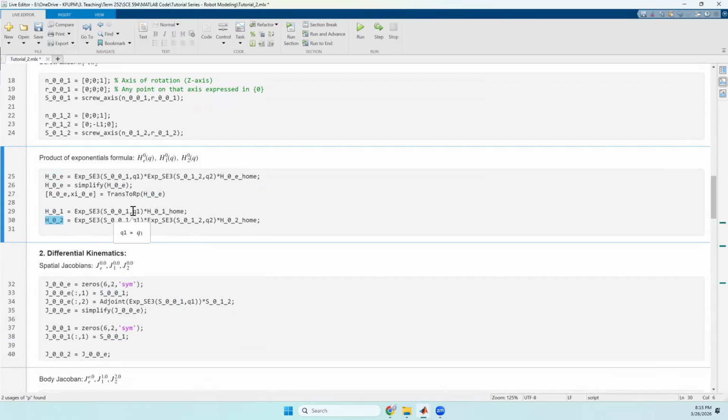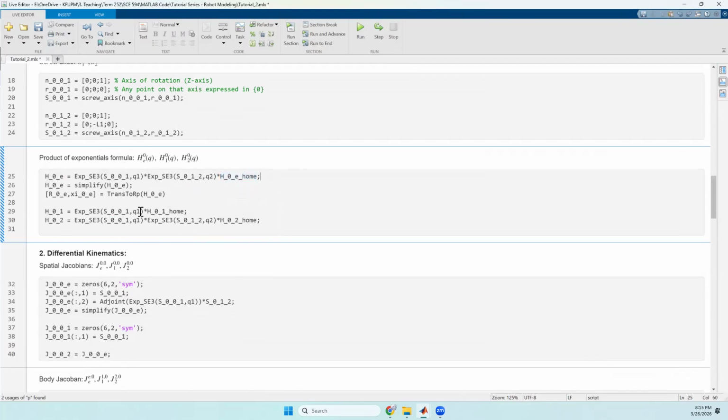So you see the end effector pose is simply given by the product of exponentials formula. The product of exponentials formula is actually applicable for any frame here. Here we multiply the exponential of the first screw axis by the exponential of the second screw axis, multiplied by the home configuration of the end effector frame.